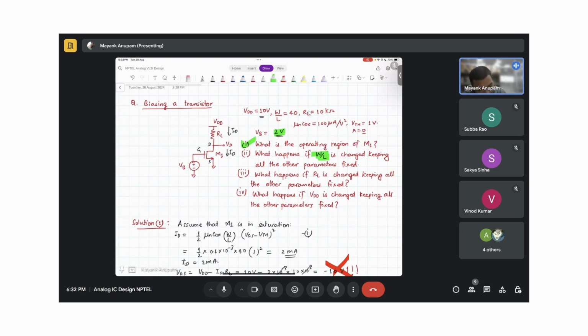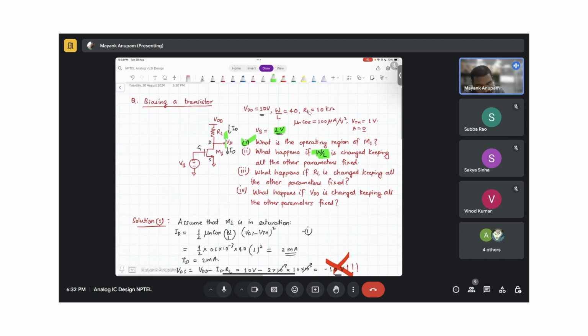See, we want to increase VD because VDS was not sufficient earlier for it to be in saturation region. So somehow we want to make sure that VD increases. But for VD to increase, there is only one thing that I can do.